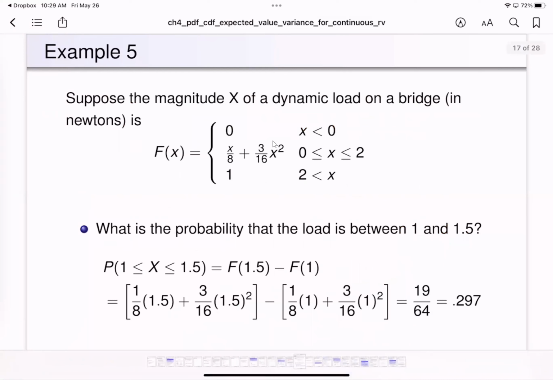In this example, X is the dynamic load on a bridge. And here, the CDF is given. We want the probability that the load is between 1 and 1.5. For this computation, we just directly use F at 1.5 minus F at 1. The reason we can do that is that both 1 and 1.5 are values given in the CDF, so we can directly use the function to compute the probability for us.